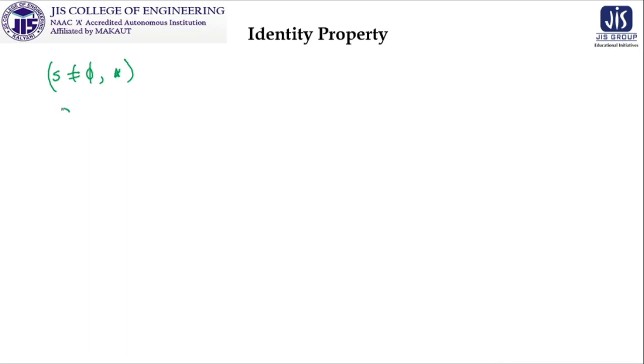If you have one element A in S, and if you have another element E in S such that A composition E is A and E composition A is also A, meaning the composition of E with A from the left hand side or from the right hand side, in both the cases keeps the element unchanged or identical, as this element after operation keeps this element unchanged.